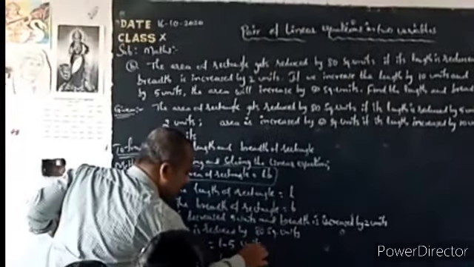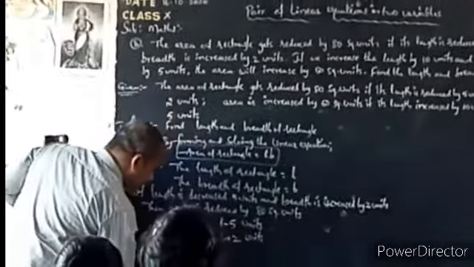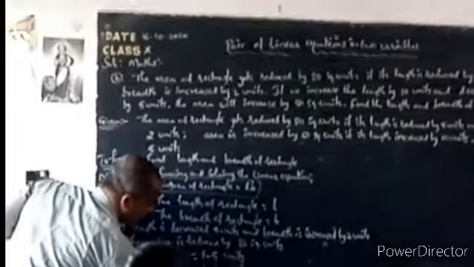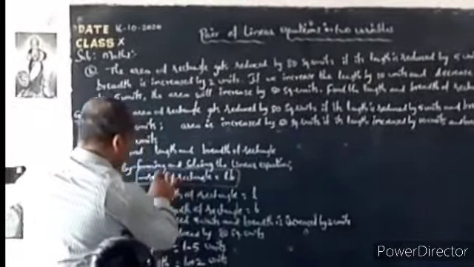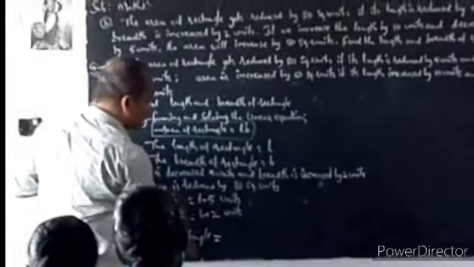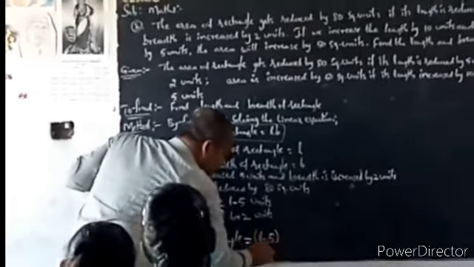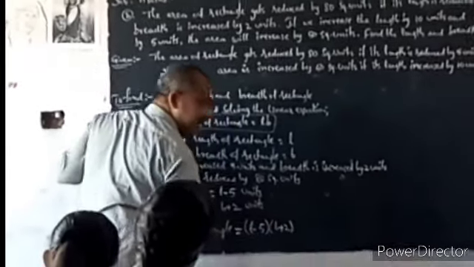Now the area of the rectangle becomes length into breadth. Already we mentioned the formula in the substitution method. Now write according to this: length into breadth, where length is L minus 5 and breadth is B plus 2.